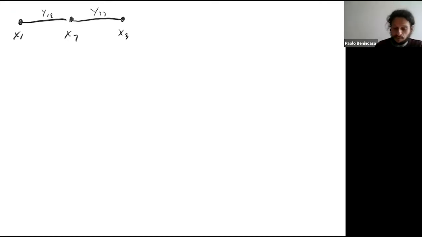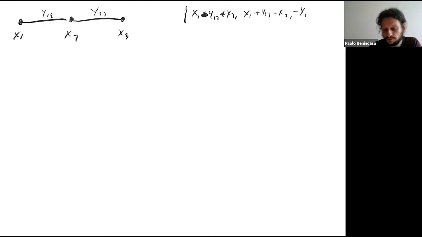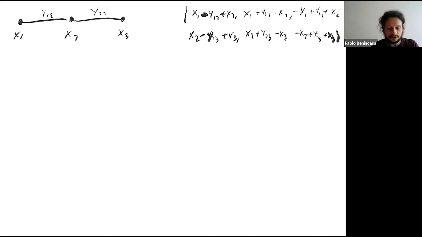We know that it has a polytope which has the following vertices: X1 plus Y12 minus Y12 plus X2, X1 plus Y12 minus X2, minus X1 plus Y12 plus X2, and then X2 minus Y23 plus X3, X2 plus Y23 minus X3, minus X2 plus Y23 plus X3, which again are the vertices related to the triangles associated to the two subsegments.